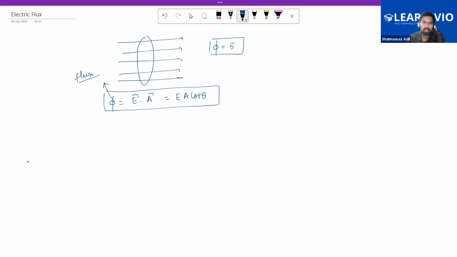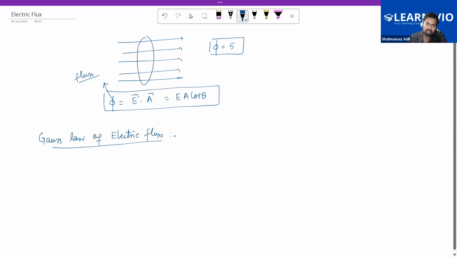And we have a Gauss law, which is very important to understand the electric flux, right? So what does this Gauss law state?